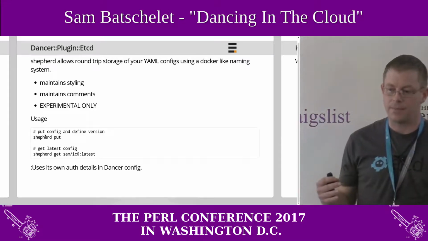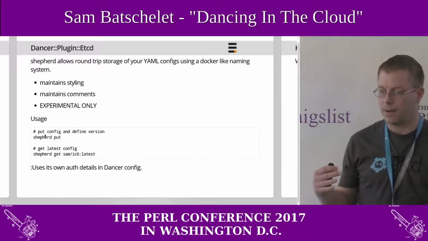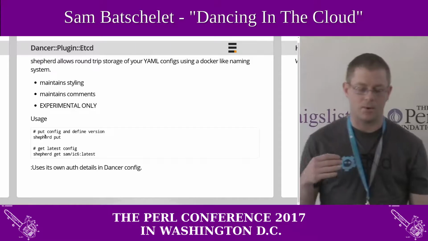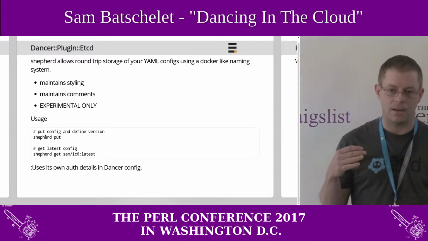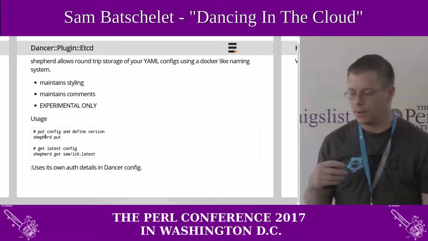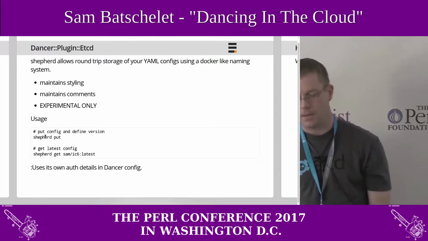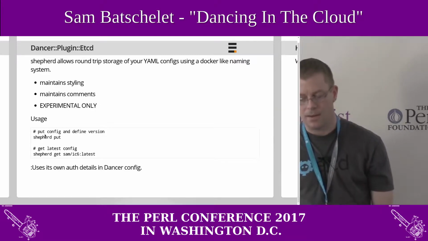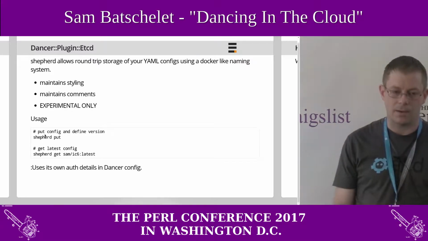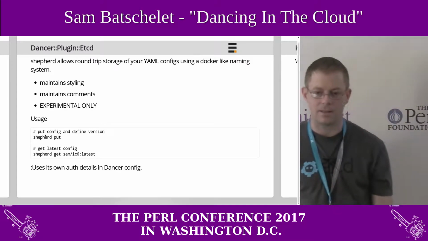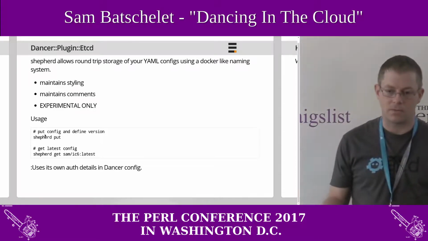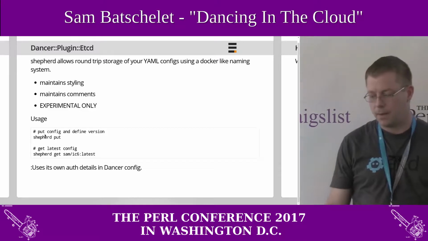It not only does that, but it maintains white space and comments. I'm using a Docker style naming: if you're in your app and you do shepherd put, it's going to write all your configs to Etcd as a backup. If you made some changes or something's wrong and you want to get it back, you just do shepherd get. You could define a version to get back, and boom, your configs are right there.